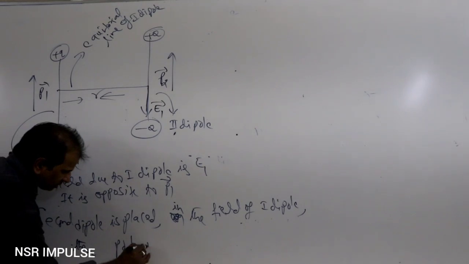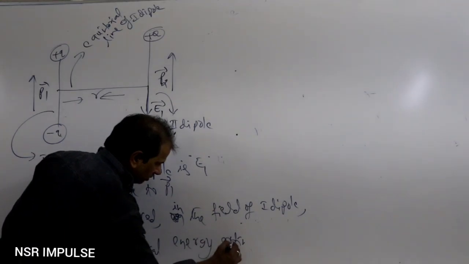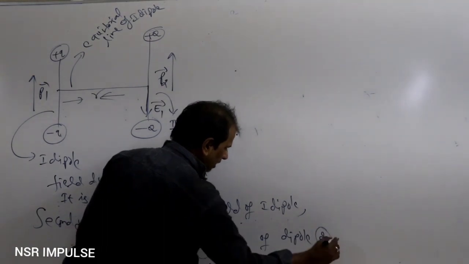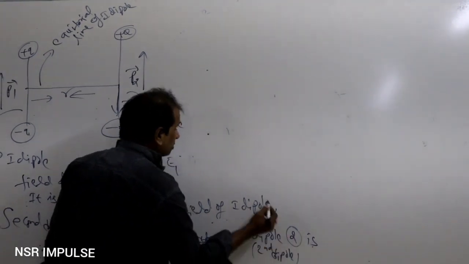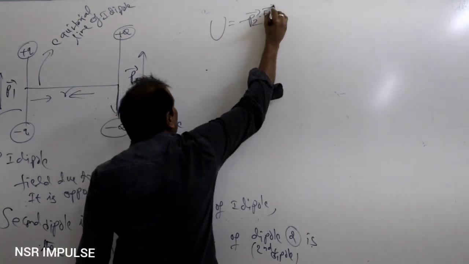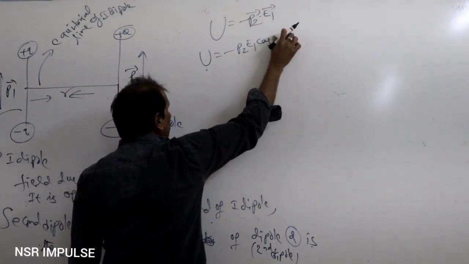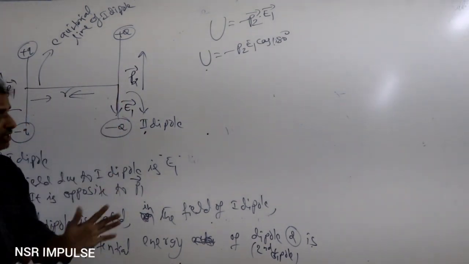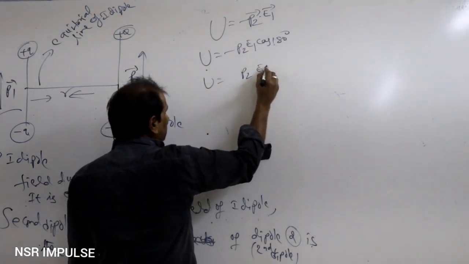Then the potential energy of dipole 2, the second dipole, is U equal to minus P2 bar dot E1 bar, which is minus P2 E1 cos 180, because P2 and E1 are in opposite directions. Cos 180 is minus 1, so minus into minus gives plus P2 E1.